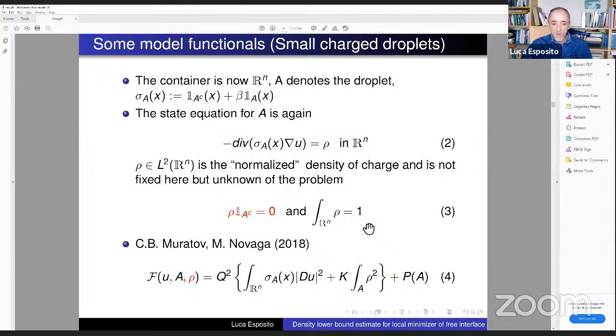Maybe you have to also add some regularity assumption on the set omega. It's an interesting question. I didn't think about it, but it's possible to consider it. Yes, thank you. Thank you for a very nice talk. Thank you.